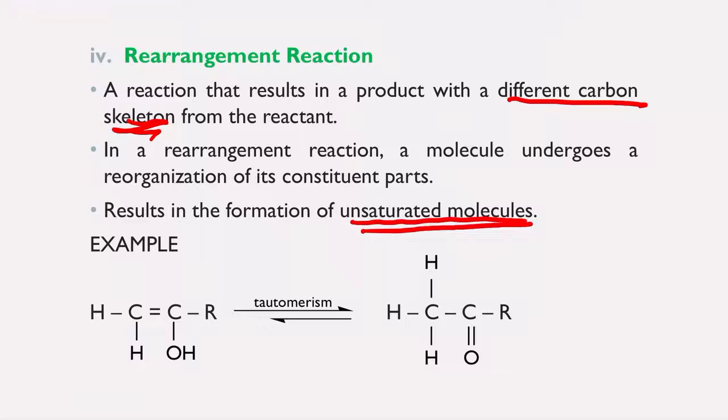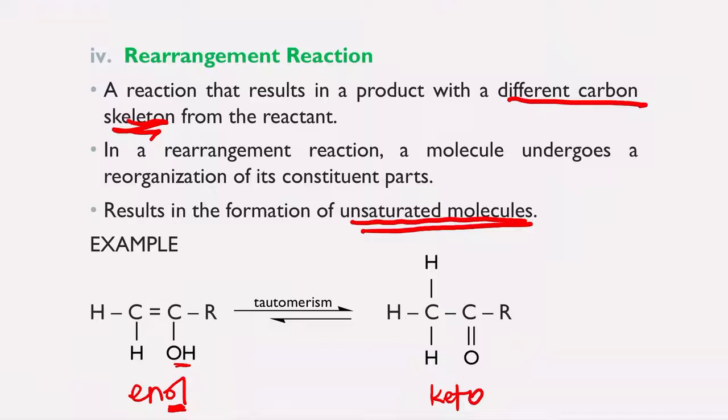Okay, on your left here is actually a compound called enol. Why is it called enol? It shows that it has an OH. Okay, and here you have a keto. Alright, so it's basically macam it's a ketone lah.